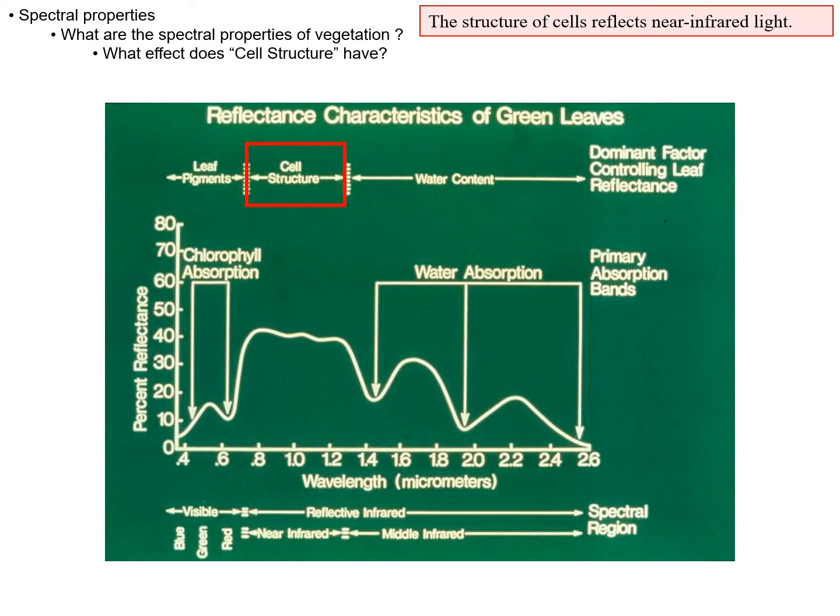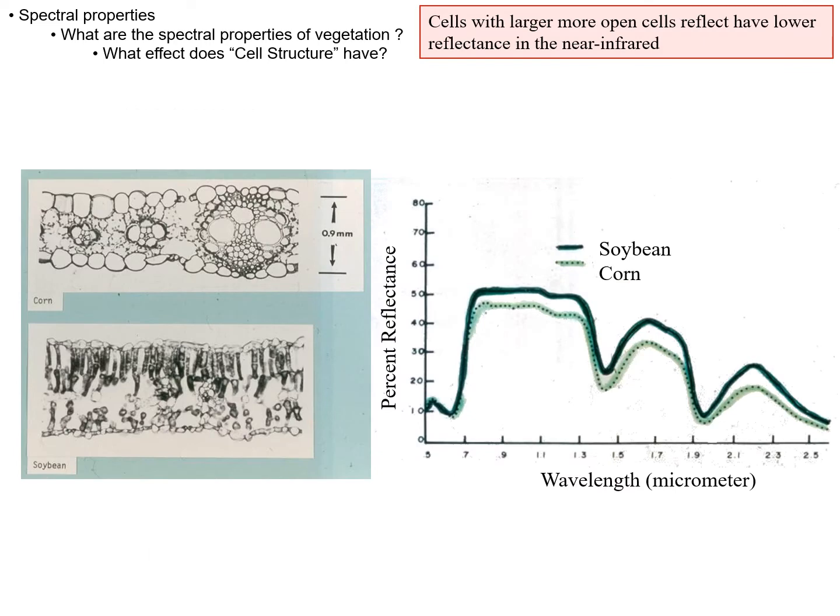Returning to this diagram, we're looking at the primary influence on near infrared reflectance, and in this case, it's cell structure. That's the most important factor. And it's the sponginess of the cell structure that's important.